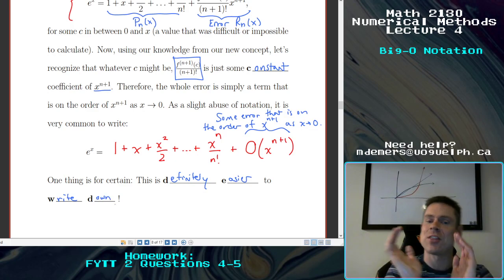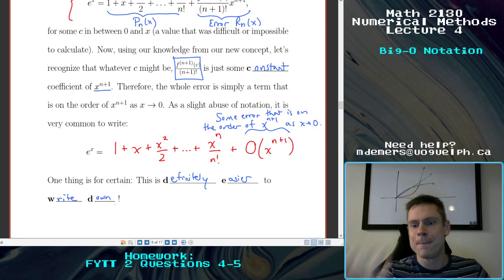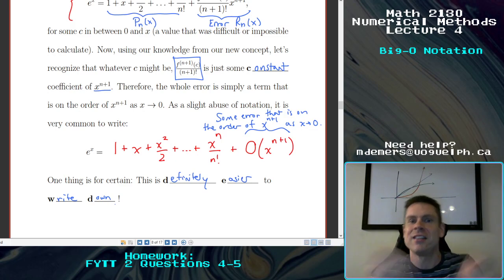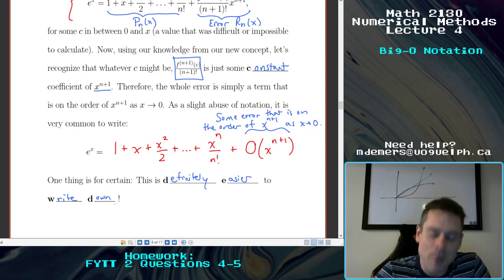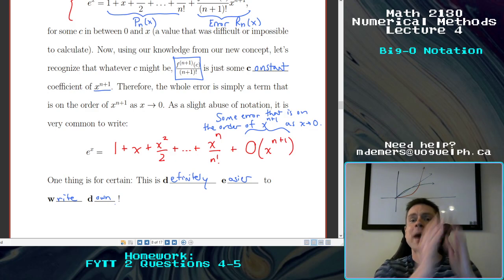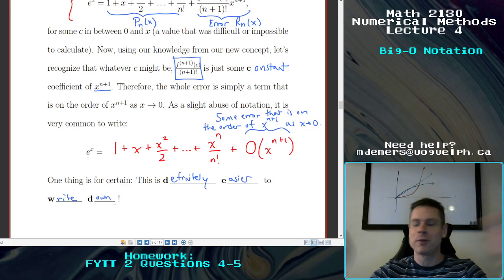It's much nicer to think of that as some more general, simpler quantity that just increases in the same way that this function does. The other way that I said that we could look at it is, imagine you have the infinite polynomial.